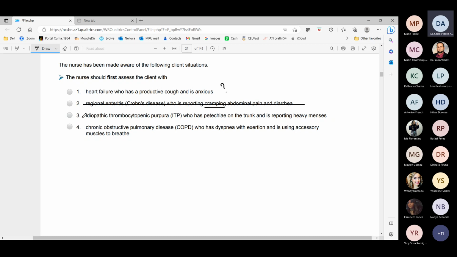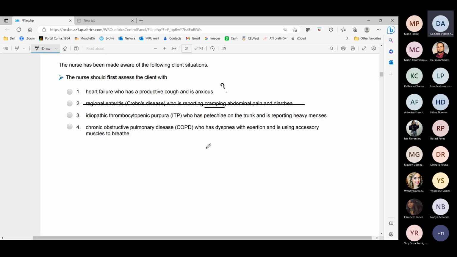Okay, the next, idiopathic thrombocytopenic purpura, ITP. I know this disease. It's an autoimmune disease. Abnormal antibodies target the platelets of the client, who is generally a young woman, as with most autoimmune diseases, and produce a drop in the number of platelets.